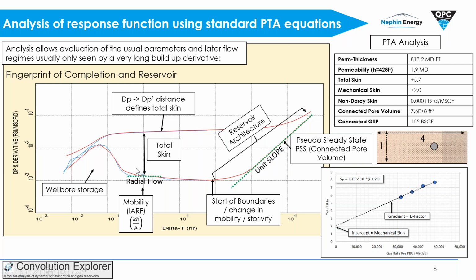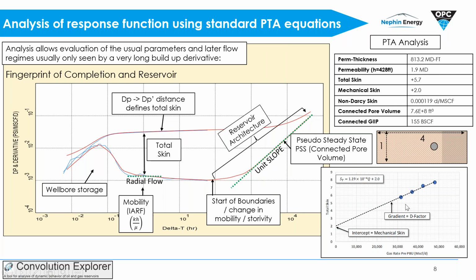So again, here we can calculate our KH and decouple to our K. We get our total skin, and we get our unit slope and some information about the architecture. I'll start down here. As I said, P101Z has a lot of rate dependent skin.